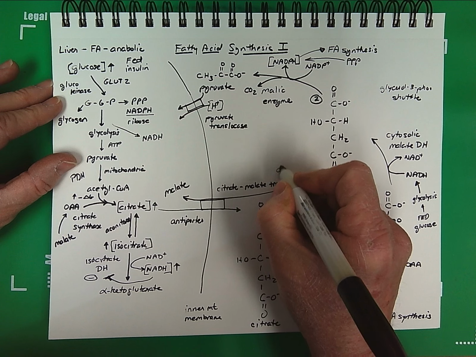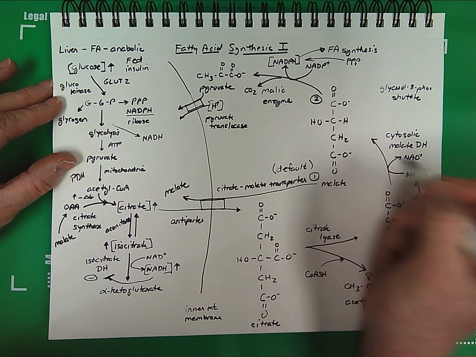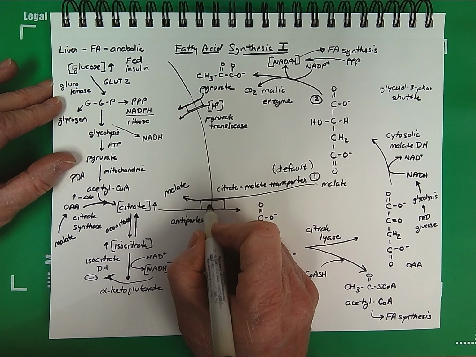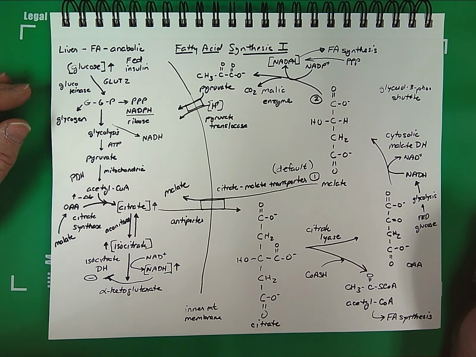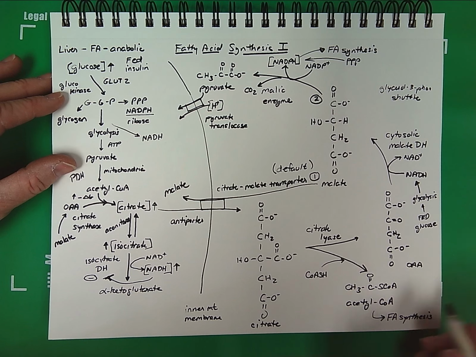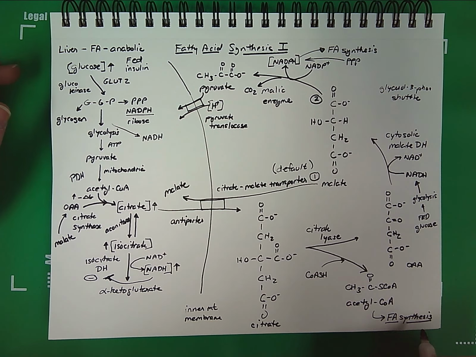So the other way to look at this is that this is the default pathway. Malate will generally go through the citrate malate transporter unless NADPH levels are low. Now in the next video, we will take up the process of acetyl-CoA being converted into fatty acids.